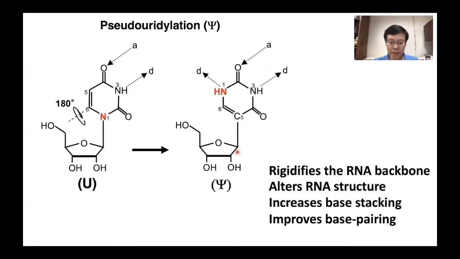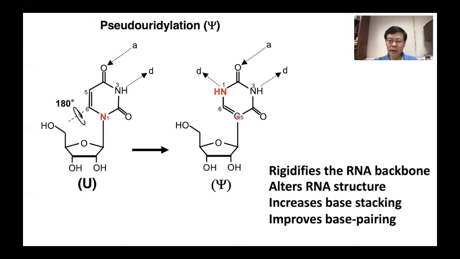So this is a carbon-carbon bond rather than a nitrogen-carbon bond. In addition, pseudouridine has an extra hydrogen bond donor here. So this is sufficient to make the nucleotide distinct.